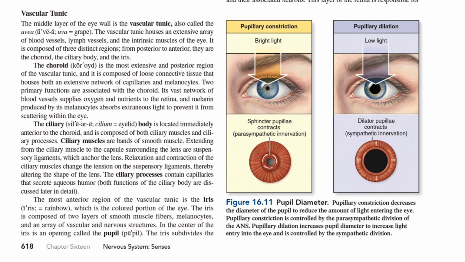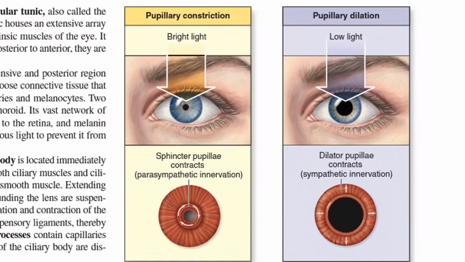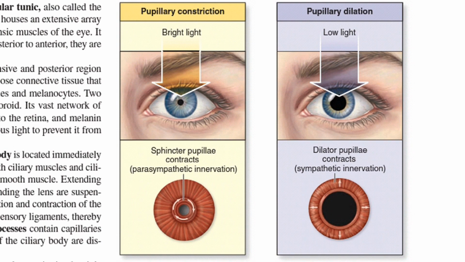Now here in this figure, see the pupil constriction and dilation of pupil is shown. Pupillary constriction, pupillary dilation. So in bright light, as you can see, pupil constricts, and in low light or dim light, pupil dilates.